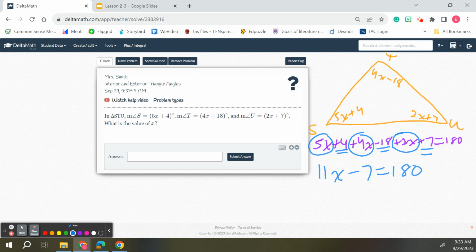And from here we solve. I'm going to add the 7 to each side. That leaves me with 11x equals 187. And I divide both sides by 11, giving me x is equal to 17.